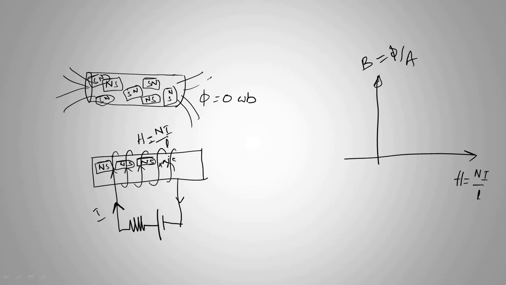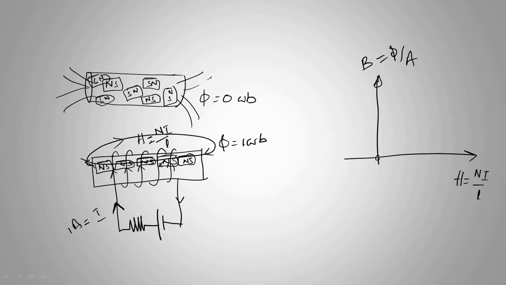If the dipoles are oriented in a particular direction, there will be an establishment of flux. I am considering that for a current of 1 ampere, there will be an establishment of 1 milliweber.